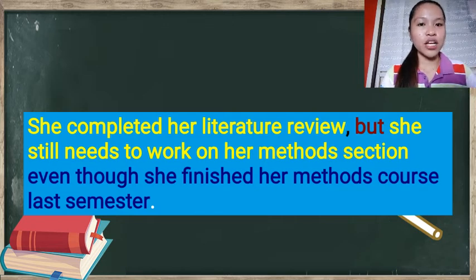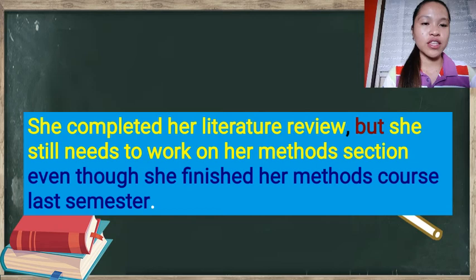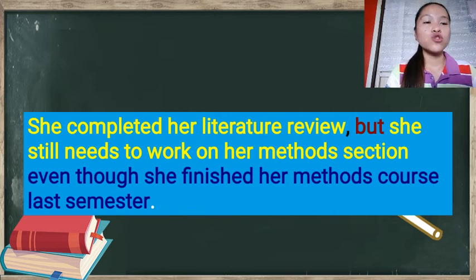Another example: she completed her literature review, but she still needs to work on her methods section even though she finished her methods course last semester. So in this example, we have two independent clauses joined by the coordinating conjunction, and we also have one dependent clause. "She completed her literature review" is an independent clause and it expresses a complete thought.